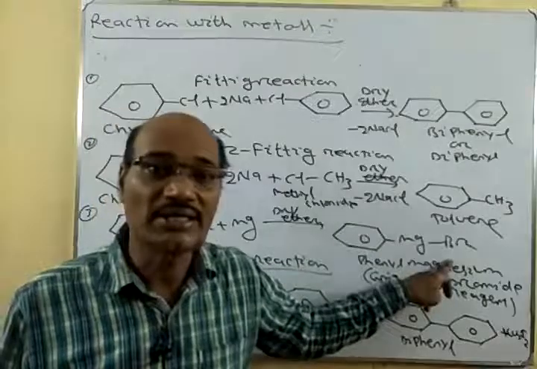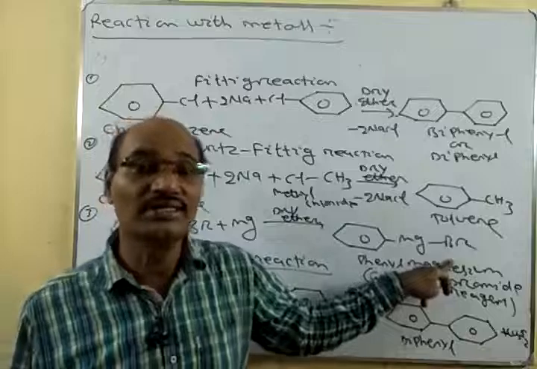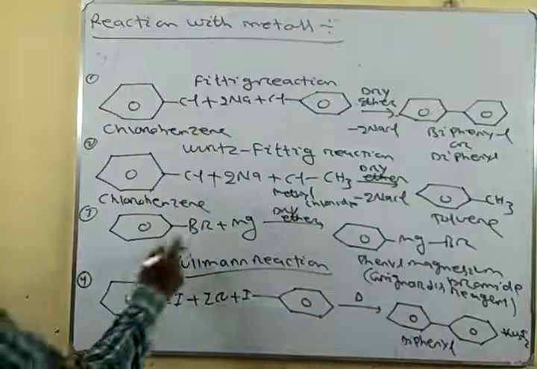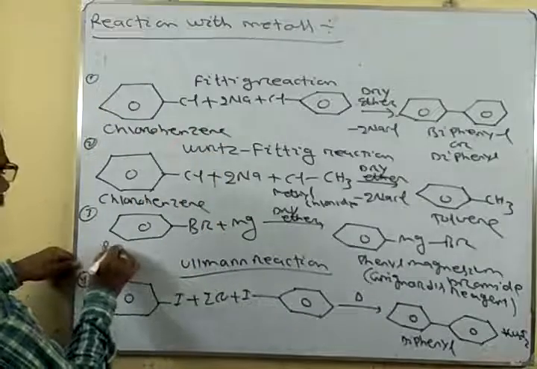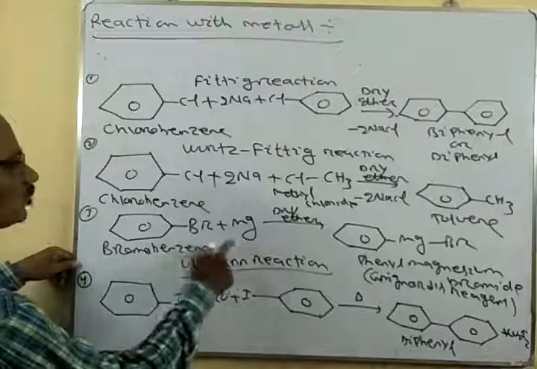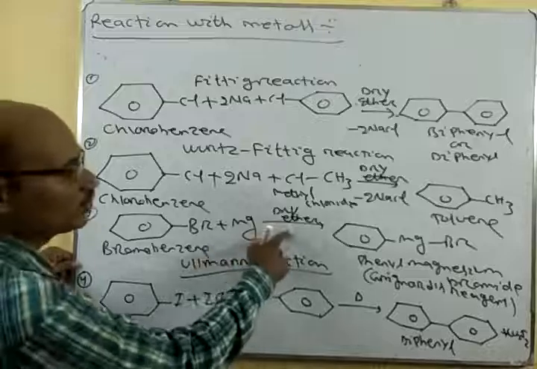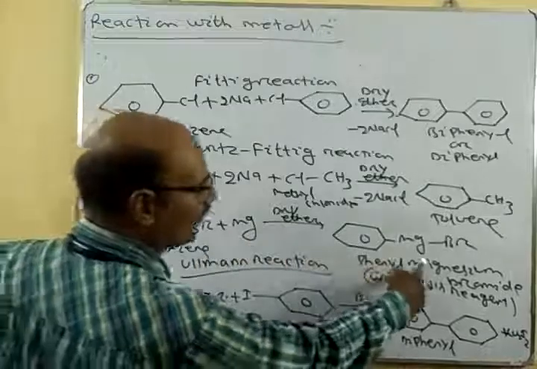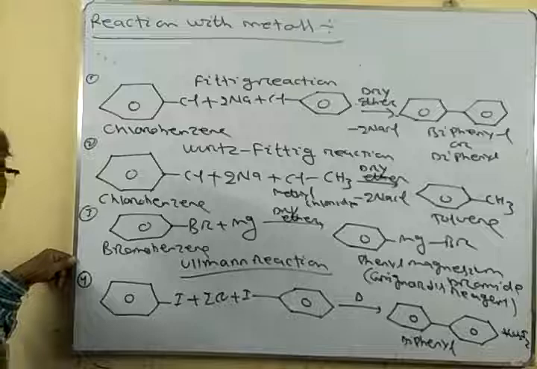known as Grignard's reagent. So bromobenzene reacts with magnesium metal in dry ether to give phenyl magnesium bromide, known as Grignard's reagent.